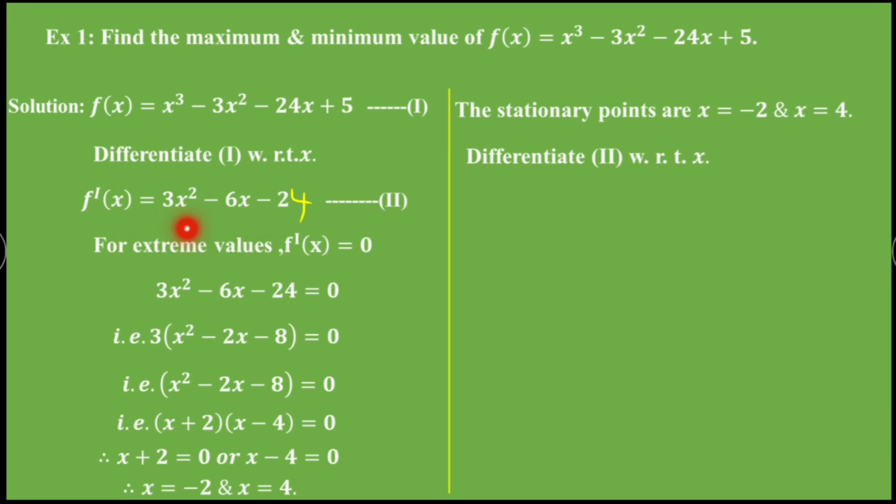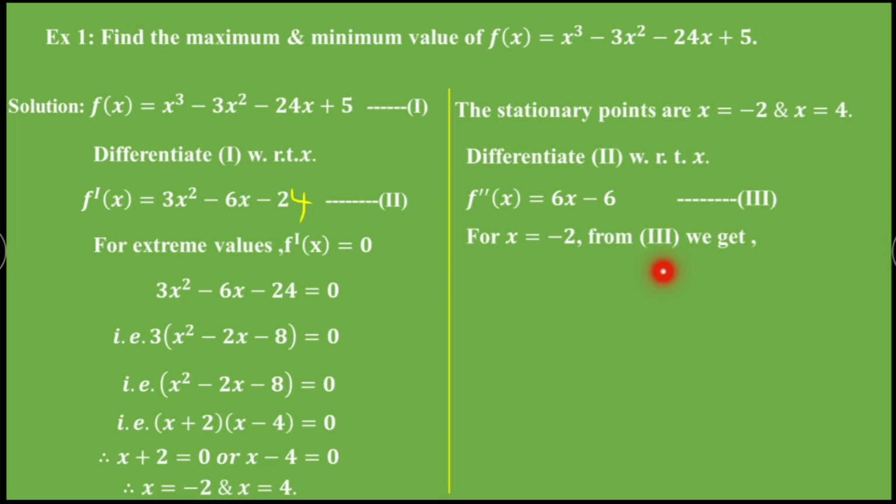Here the derivative of 3x square we get 6x, and the derivative of minus 6x we get minus 6, and 24 is a constant, so its derivative is 0. So we get f double dash of x from this second equation as 6x minus 6. Now we have to check for x equals to minus 2.